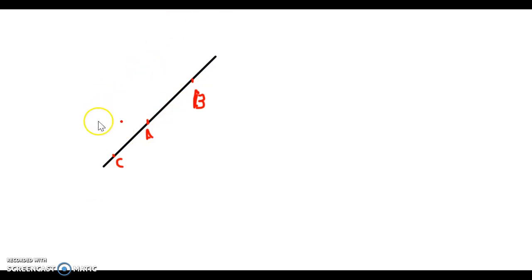Remember, slope is really just a measure of how steep the hill is. This would be a pretty steep hill, but no matter where I am on this hill, it's the same steepness the whole way.